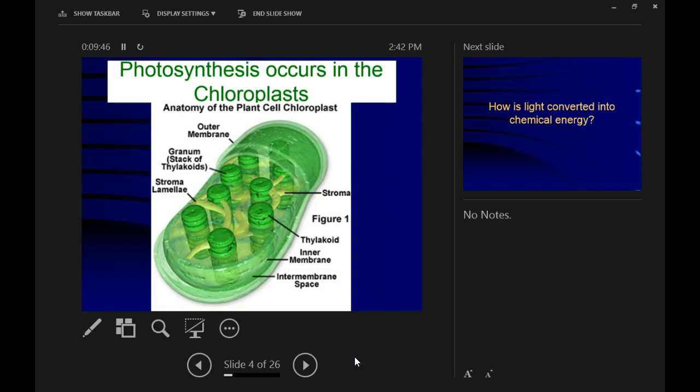The thylakoid is like a little sac. It has a fluid-filled space that we call the thylakoid space. It also has the pigment chlorophyll. So chlorophyll is found within the thylakoid membrane, as we call it. So this is our thylakoid membrane. All right. So this is chlorophyll.